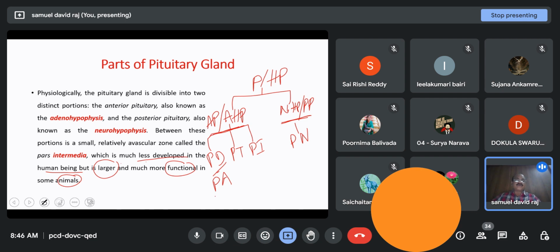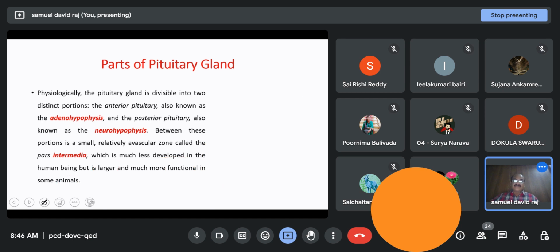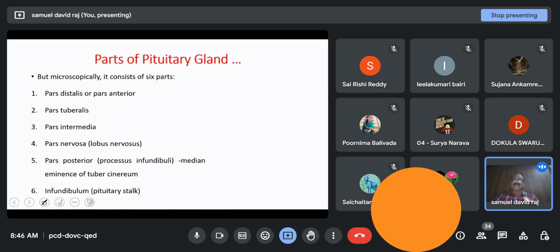This is the nomenclature or subdivisions that we generally read in our books. But actually, the nomenclature is different from what the scientific organizations teach us, which we are going to deal with now. Microscopically, when we see the pituitary gland, it consists of six parts. The first one we have already seen, pars distalis or pars anterior.